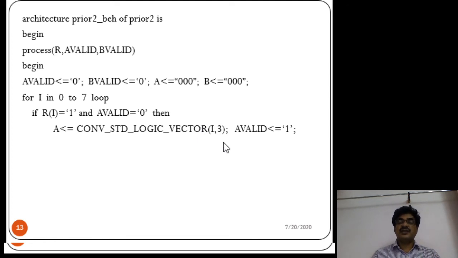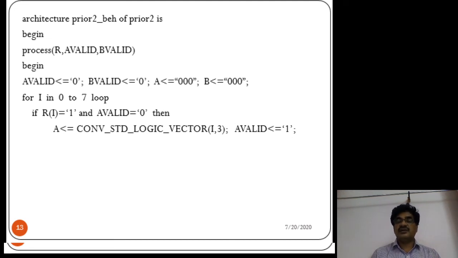That is, that location has to be converted into binary, because here it is in the form of an integer. Here the I value is 0, and that 0 has to be converted into binary. That value is loaded into A, which shows the first priority input. Whenever the first priority is identified, the corresponding A valid equals 1.